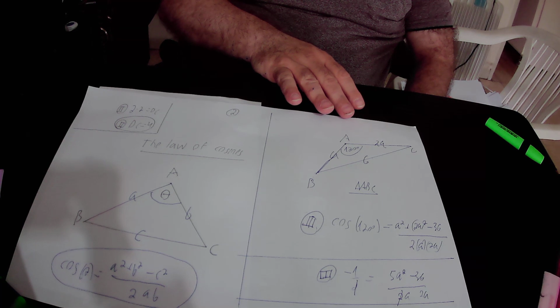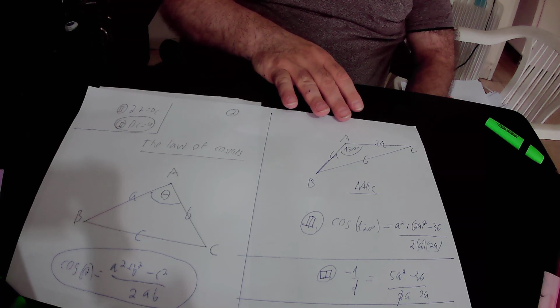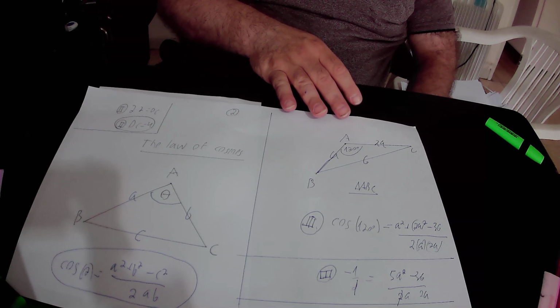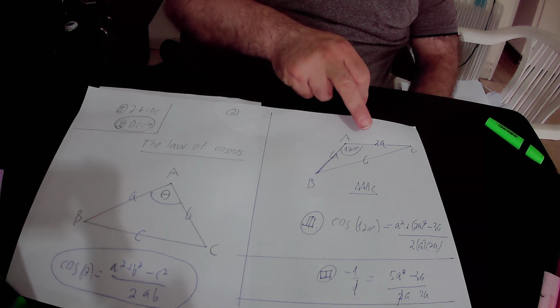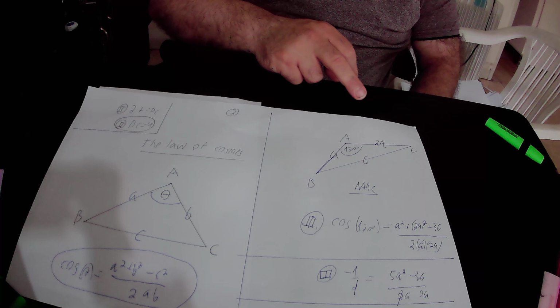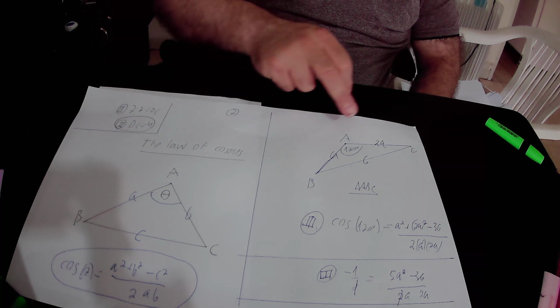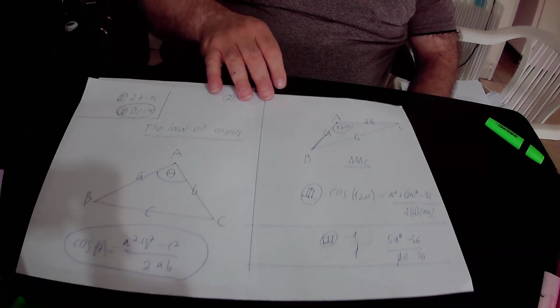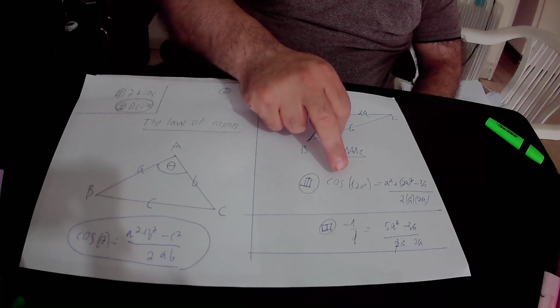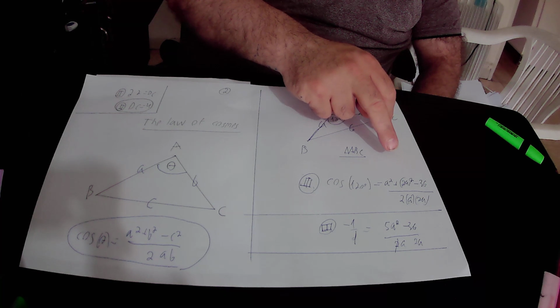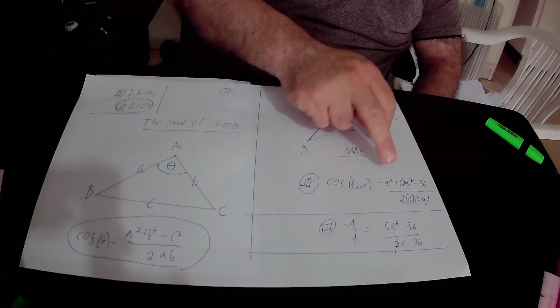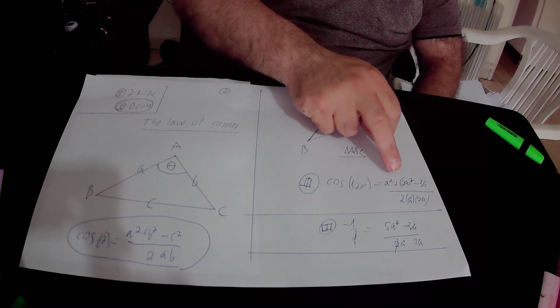According to the law of cosines, we get cosine 120 degrees equals a squared plus (2a) squared minus 6 squared over 2 times a times 2a. Here cosine 120 degrees equals minus 1/2. 2a squared is 4a squared, 4a squared plus a squared is 5a squared, minus 36, over 2a times 2a.